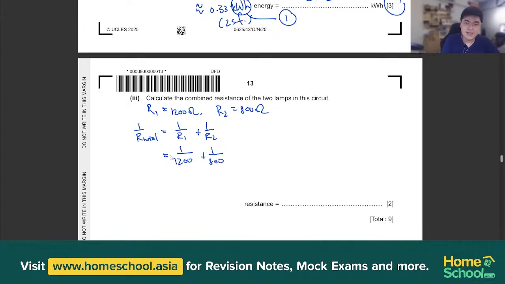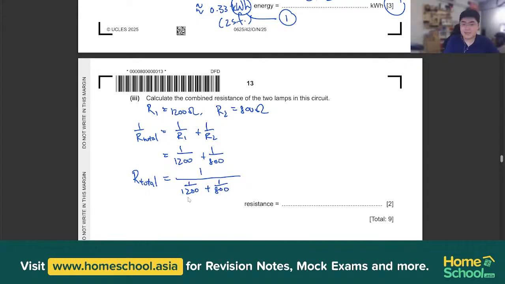Now let's flip this thing over. We divide this over to this side. So we get R total equals 1 over 1 over 1200 plus 1 over 800.